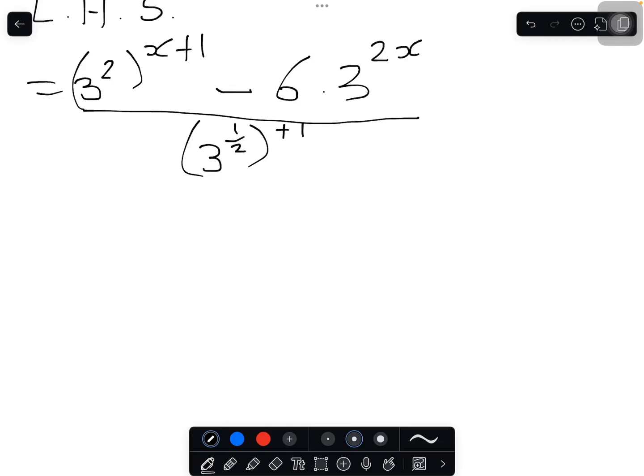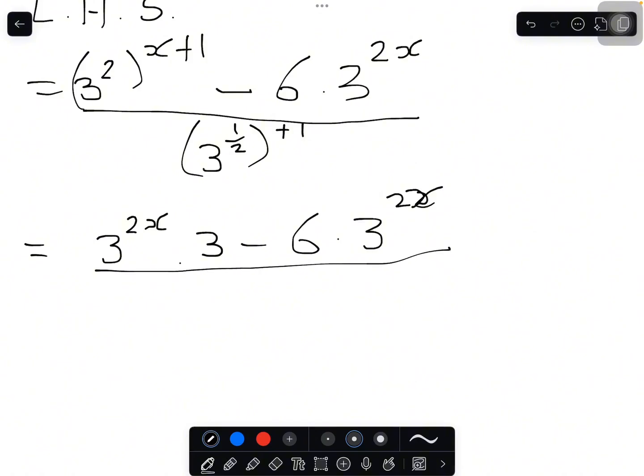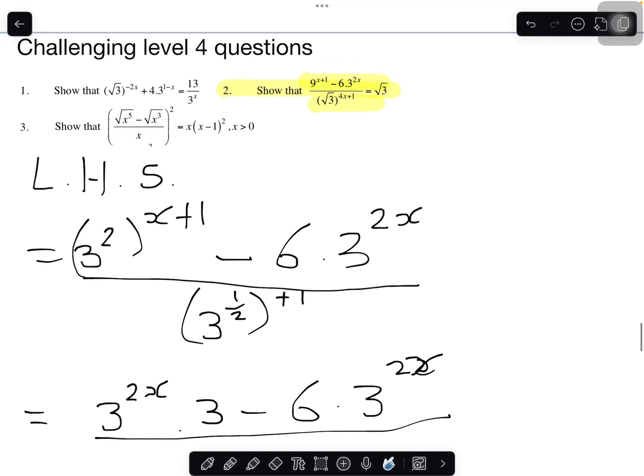Go further, an exponent of an exponent we multiply, so I'll have 3 to the 2x times 3 to the 1, minus 6 times 3 to the 2x over, oh, I didn't finish writing this term over here. This term here is 3 to the half 4x plus 1.